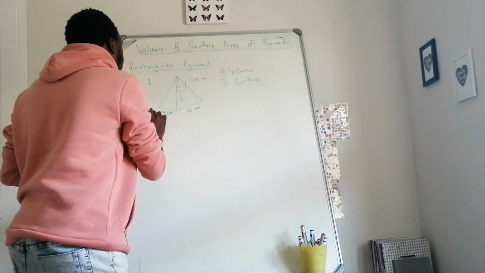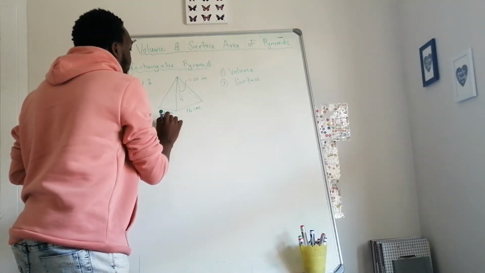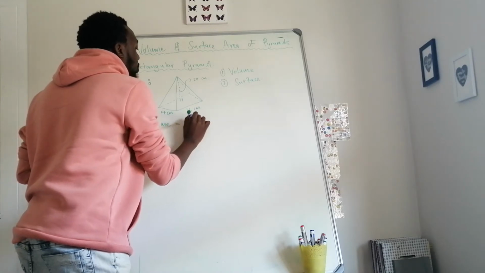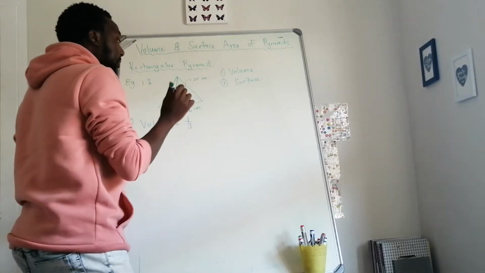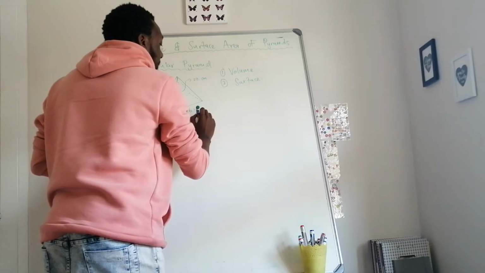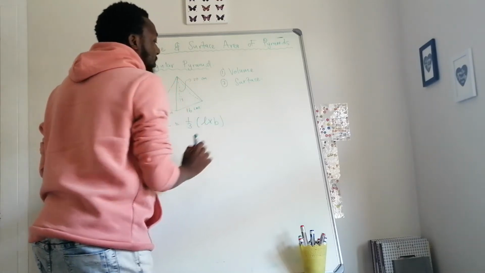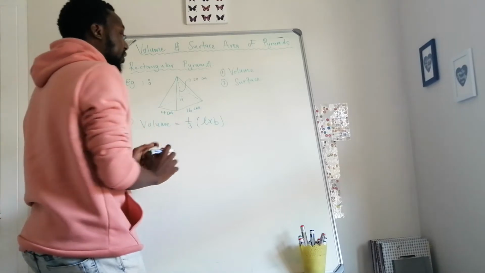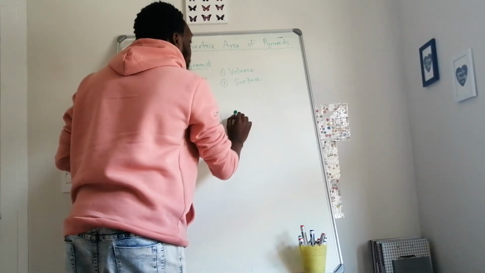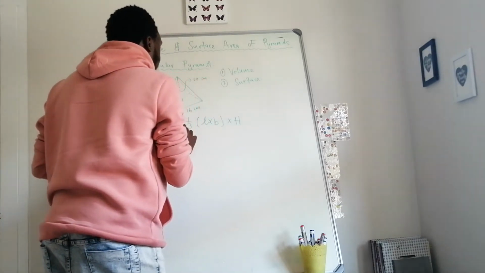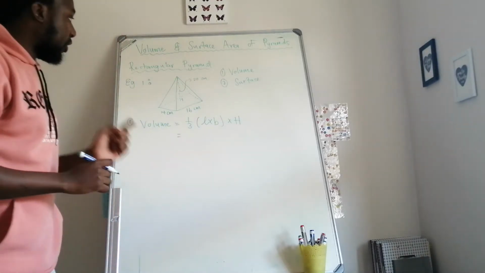Number one, volume is equal to a third, remember, the base area, which is length times breadth, the rectangle there, multiplied by the perpendicular height, right?